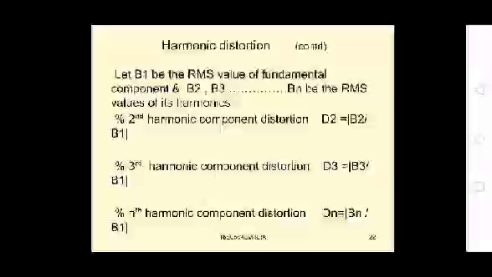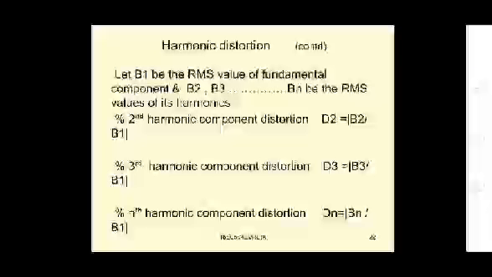Then you have to find the component of harmonic distortion due to every harmonic. Suppose your second harmonic is B2.